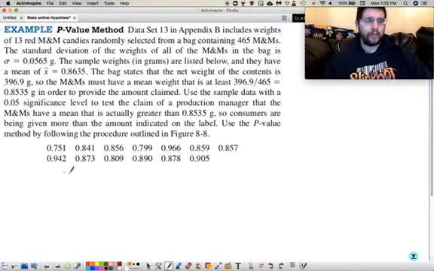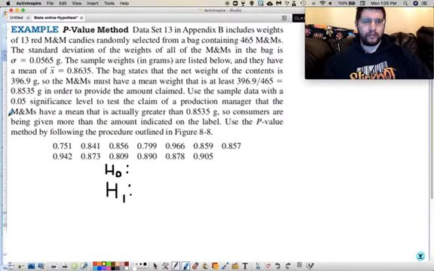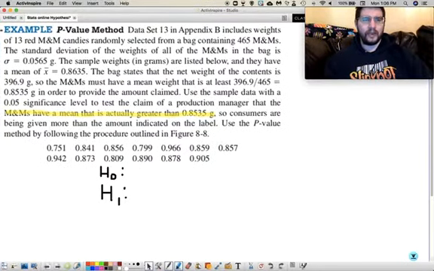First thing again, start with your hypotheses, your null, and your alternative. Okay, let me go back and read what the claim says. Production manager, that the M&Ms have a mean that is actually greater than 0.8535 grams. That's the claim. So we need to decide, well, is that null or alternative hypothesis? Greater than, that makes it the alternative. So what are we dealing with?